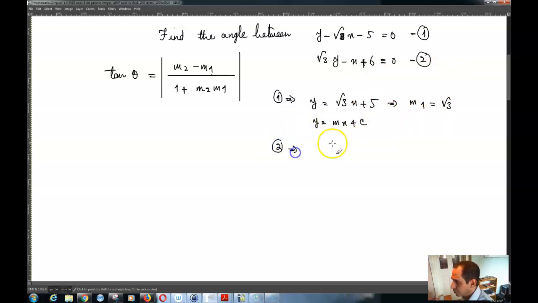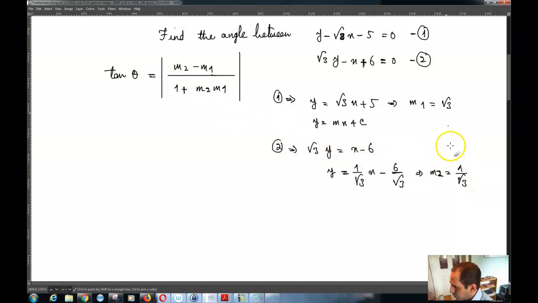Number 2 gives me basically square root of 3 times y is equal to x minus 6. Divided by square root of 3, you will get y is equal to 1 over square root of 3 times x minus 6 over square root of 3. So then the slope over here, m2, is equal to 1 over square root of 3.